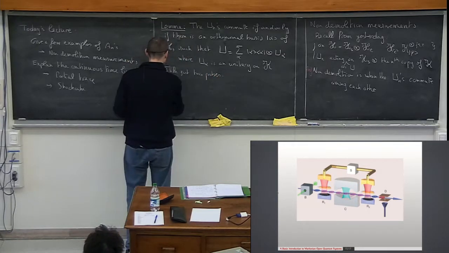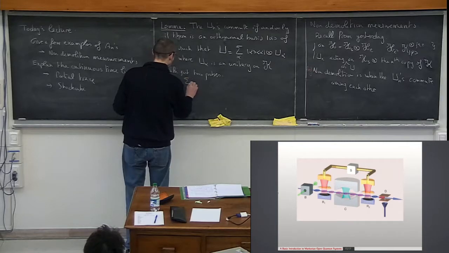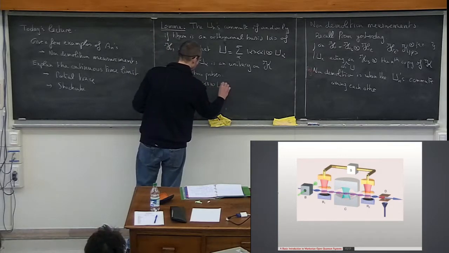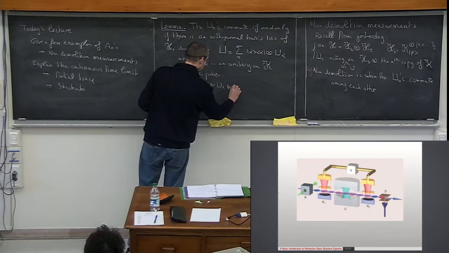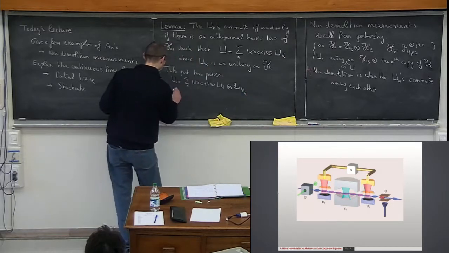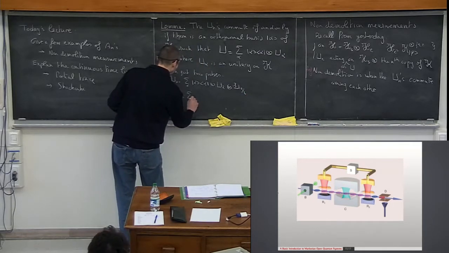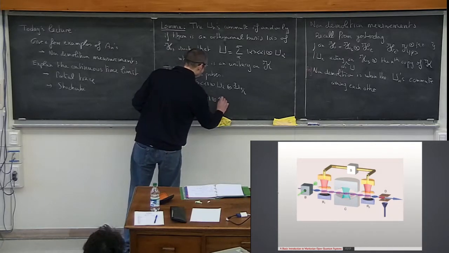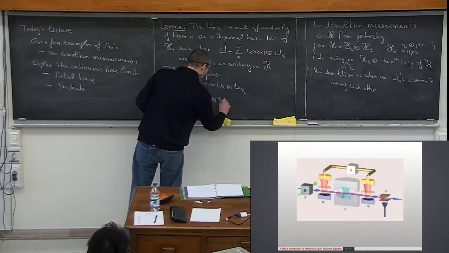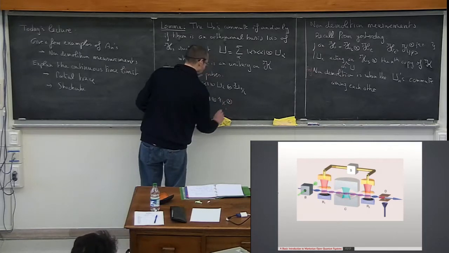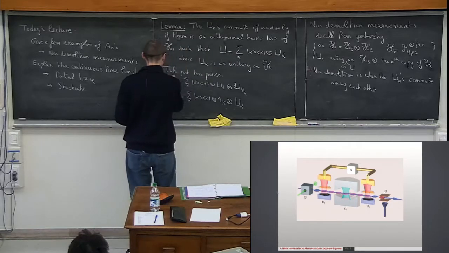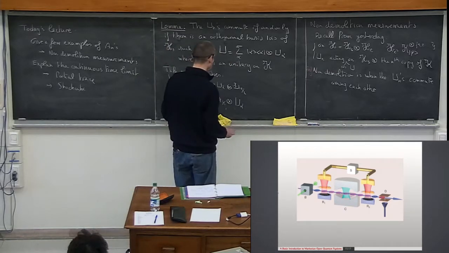So U1 would be equal to sum over alpha of alpha tensor U alpha tensor the identity on K. U2 would be sum over alpha of alpha tensor identity on K tensor U alpha.